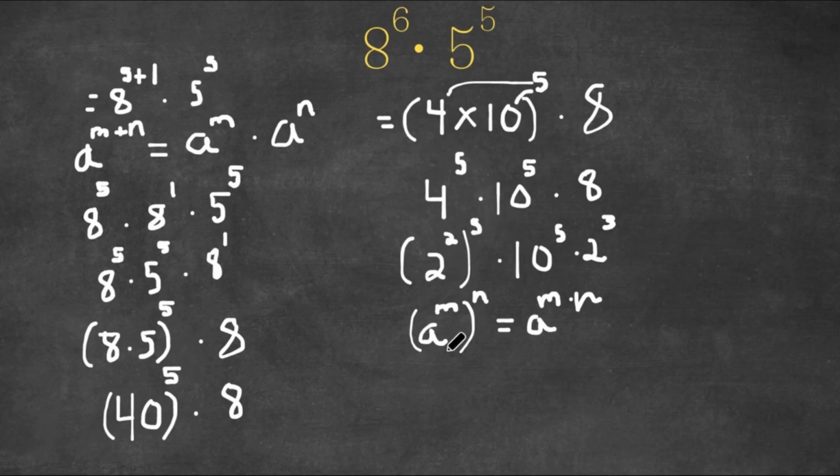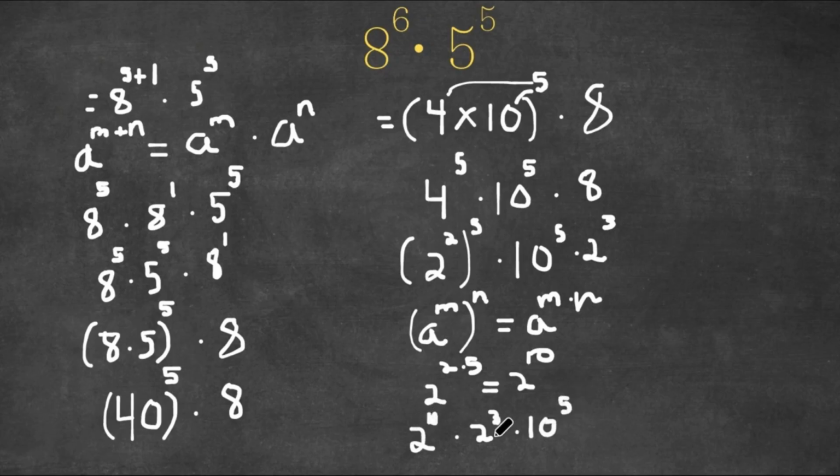So 2 to the power of 2 to the power of 5 is the same thing as 2 to the power of 2 times 5, which is equal to 2 to the power of 10. So we have 2 to the power of 10 times 2 to the power of 3 times 10 to the power of 5.